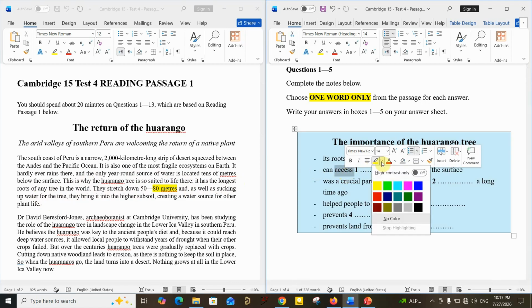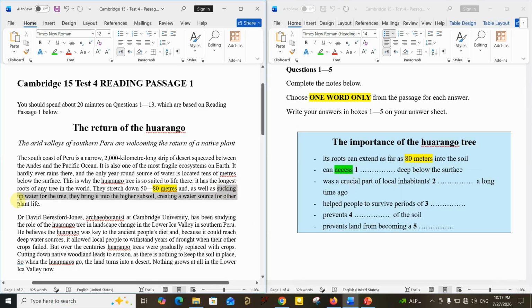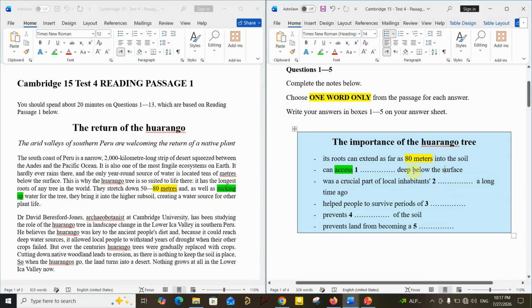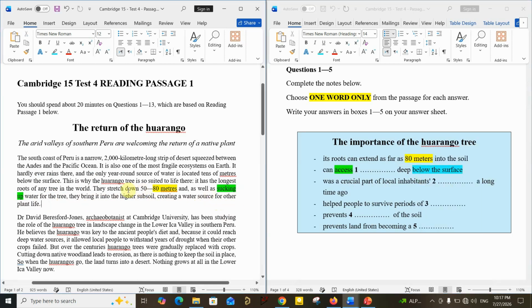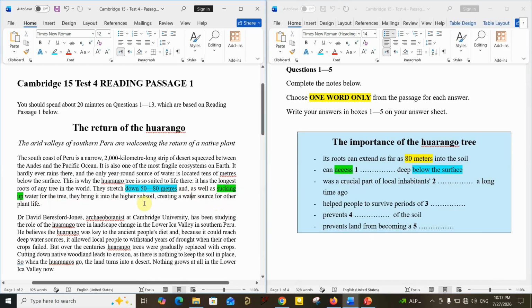So here access means sucking up water for the tree. They bring it into the higher subsoil, creating a water source for other plant life. And below the surface, this could be related to this down 50 to 80 meters, which means below the surface.